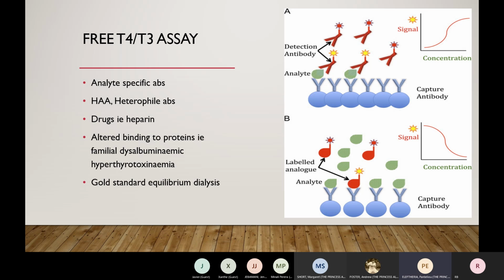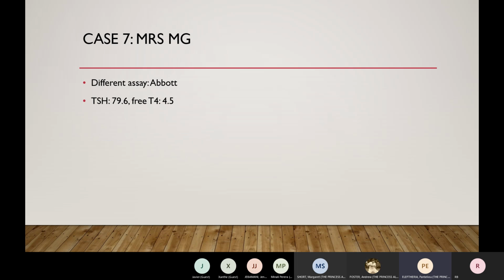Again, these sorts of assays are prone to analytical errors. Interfering antibodies, as the ones we mentioned before, can interfere. When a different assay was used, the TSH was consistent with the previous TSH and with her clinical picture, and her T4 was within range and made sense in that clinical context.